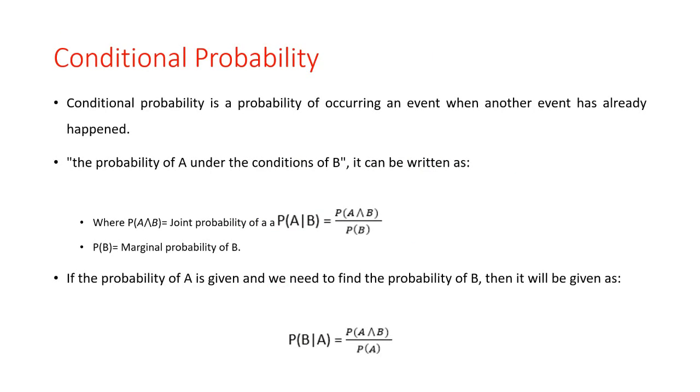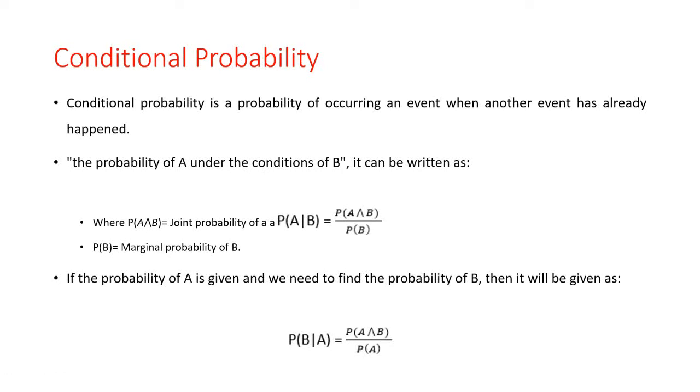So first thing is conditional probability. It is the probability of an event occurring when another event has already happened. So let us suppose we want to calculate the probability of event A when event B has already occurred.